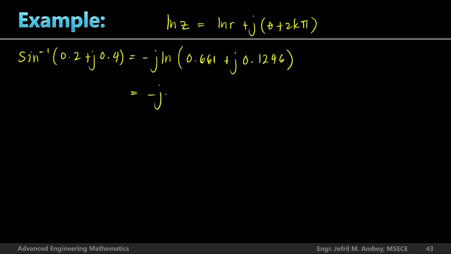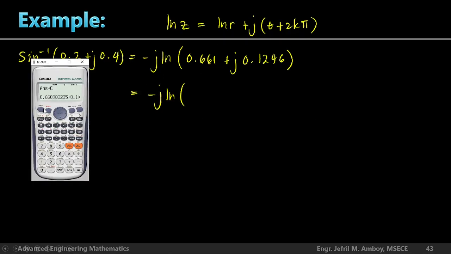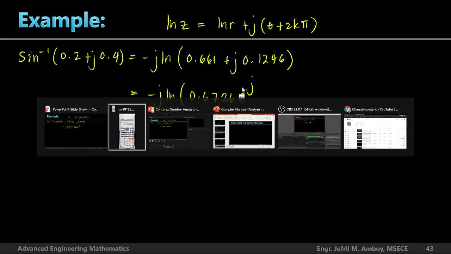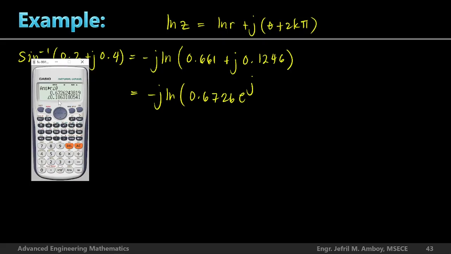Shift complex 3 para mapalabas natin yung exponential form niya. So that's 0.6726e to the j, ito yung angle niya in radian, 0.1863.